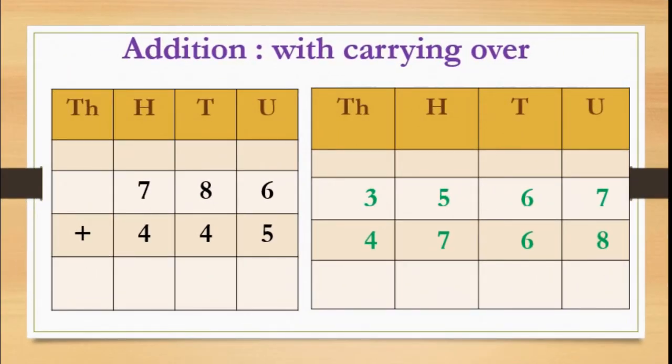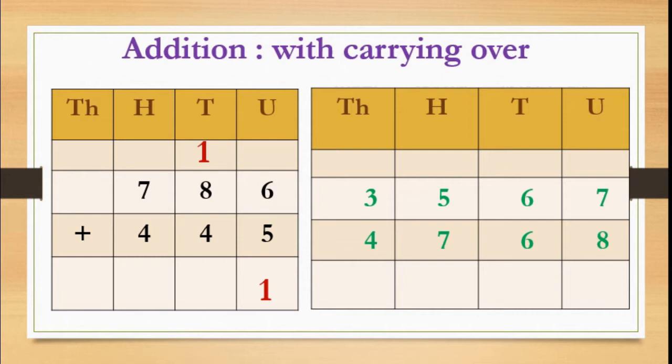Addition with carrying over. Here two sums are there. We will take a revision by doing these two sums. Concentrate on the first one. Here we start from the units place. 6 plus 5 is 11. Right. Now what do we do? 1 we will write in the units place and 1 will carry over to the tens place.